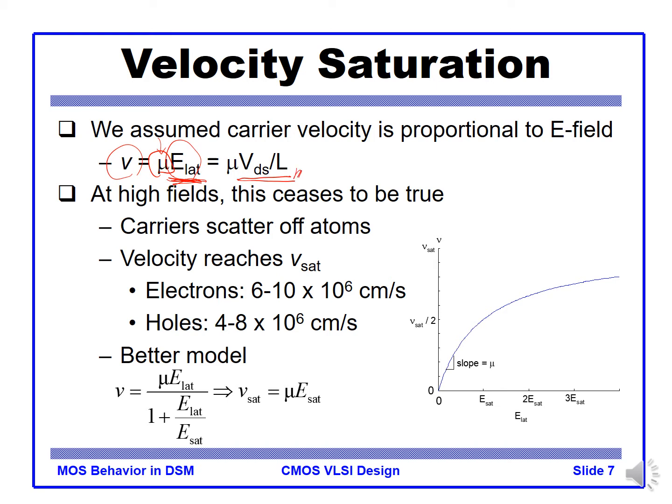So if you apply more voltage, a bigger VDS, you get a higher E field and faster electron speed. But at high field, this is not true.